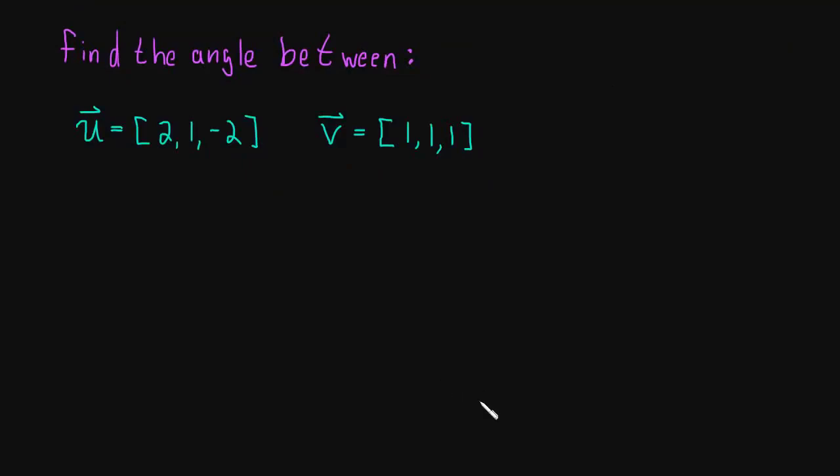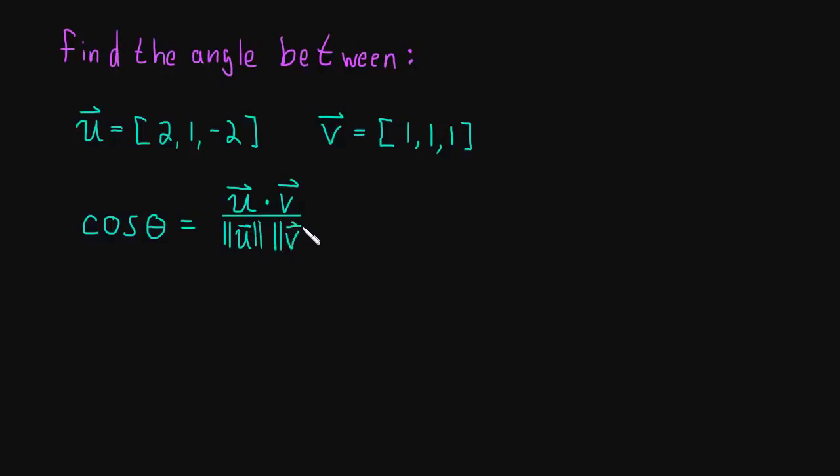Let's use what we know about the dot product to find the angle between these two vectors. So what we're going to do is remember our little formula, which says that the cosine of the angle between two vectors is equal to u dot v divided by the length of u times the length of v.